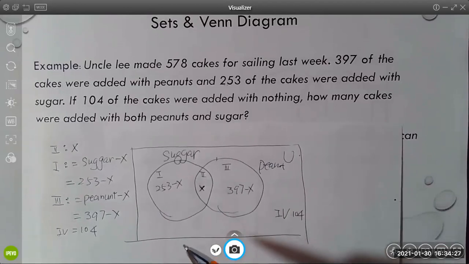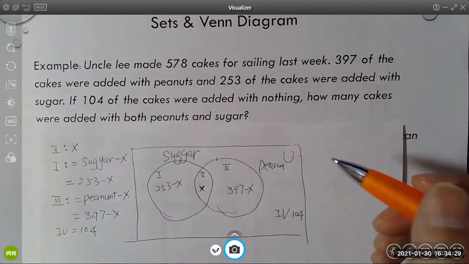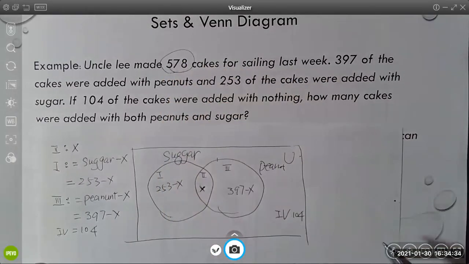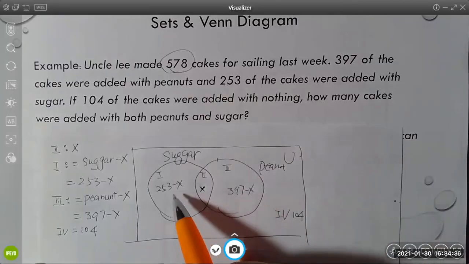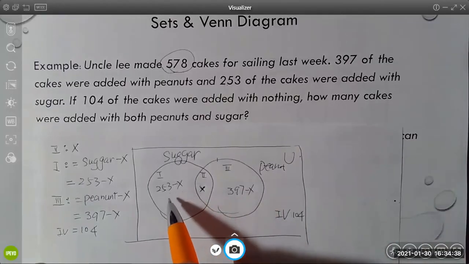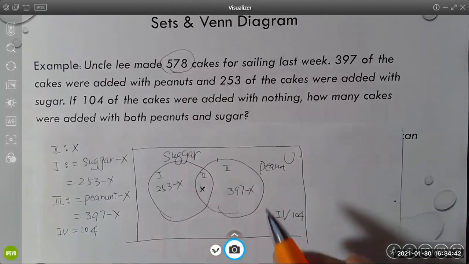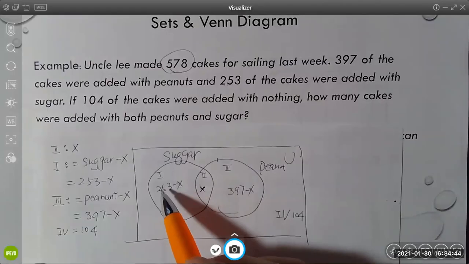We need an equation, right? One piece of information we have not used is the total number of cakes. When we add these numbers in different regions together, it will be equal to 578. That's why we label these distinct regions, because there's no overlap.